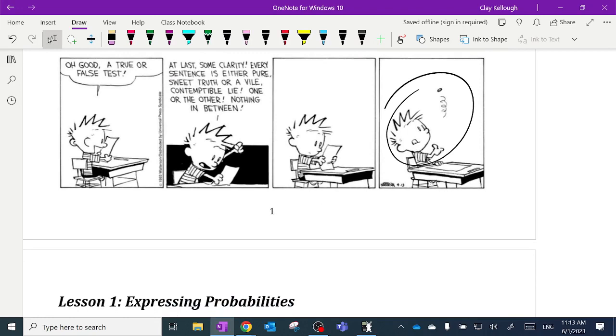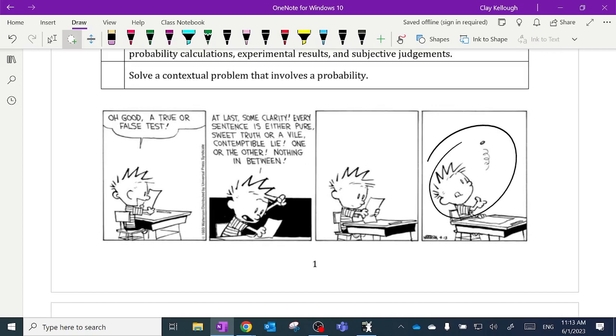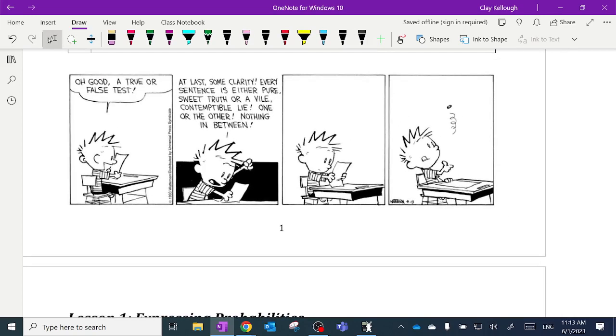So if we're Calvin here, we expect to get 50% correct and 50% wrong. What if I had 4 Kelvins and I did this experiment?